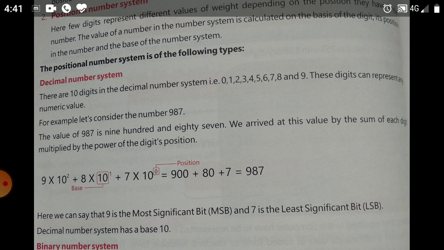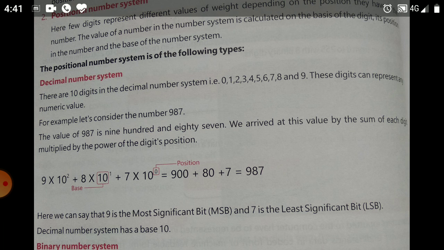Before going for that, remind yourself about positional value. You have already learnt about the face value and place value of a digit in a given number. Suppose my number is 12. In the number 12, the face value of 2 is 2 and the place value is also 2, because 2 is in the unit place.